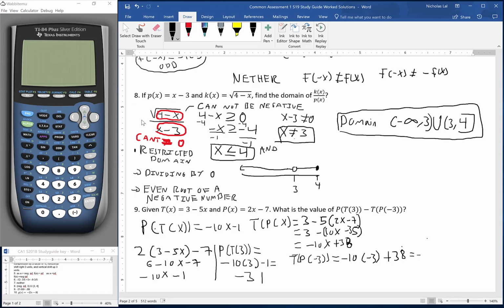Then I say t of p of negative 3 is equal to 68. So then I have negative 31 minus positive 68, and that's going to be equal to negative 99. All right, so that's all the work shown for number 9.